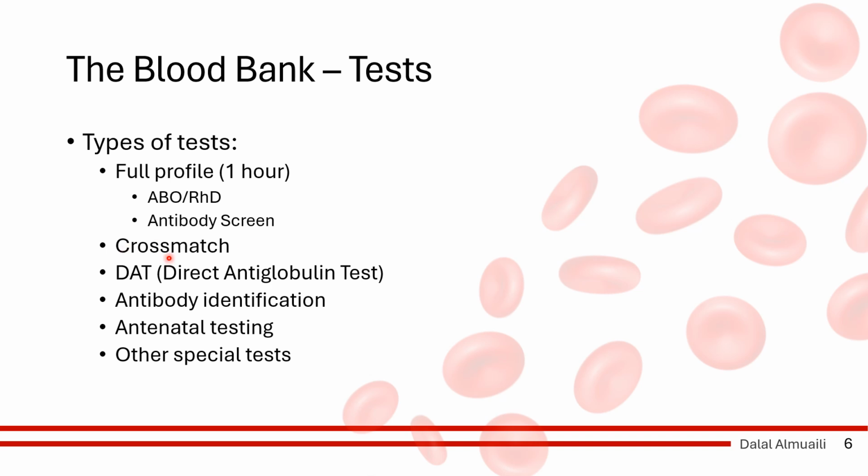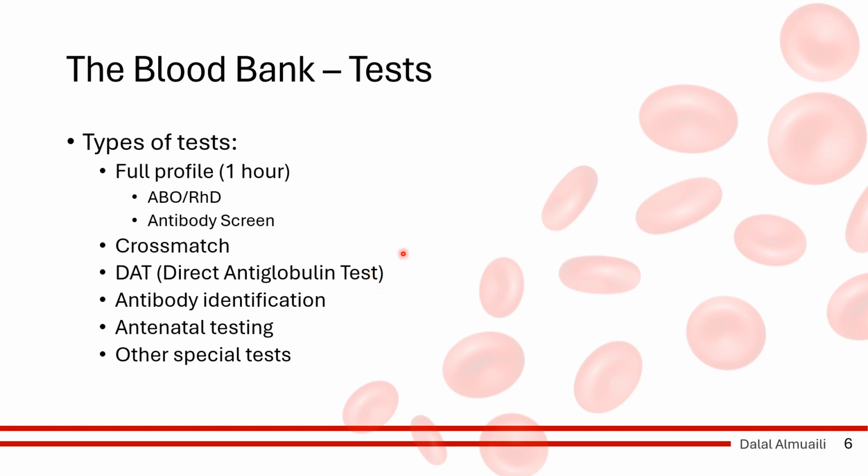When you request a cross-match, we will choose specific components from our stock based on the results of these two tests, and we will perform one final checkpoint to make sure that on the bench at least the transfusion looks compatible.